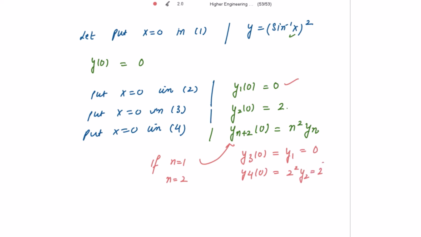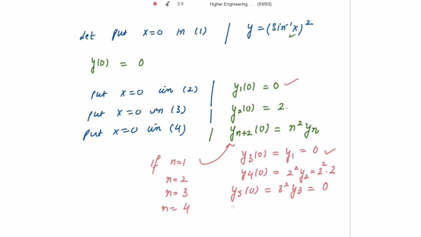So this is equal to 2 square. What is y2? It is 2. Please leave it as it is because we can get a sequence. For n equal to 3, we are getting y5 to be equal to 3 square y3, y3 is 0, so this is 0.